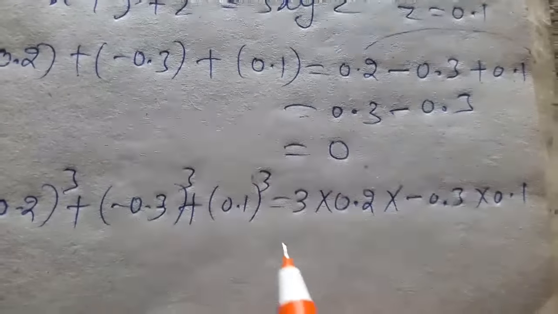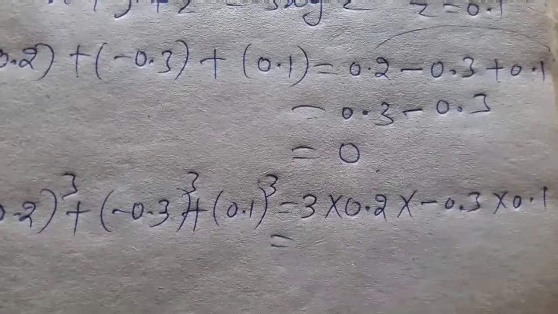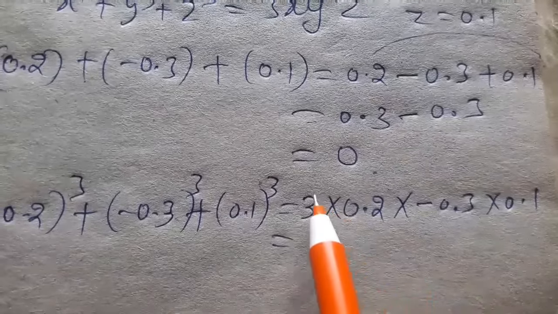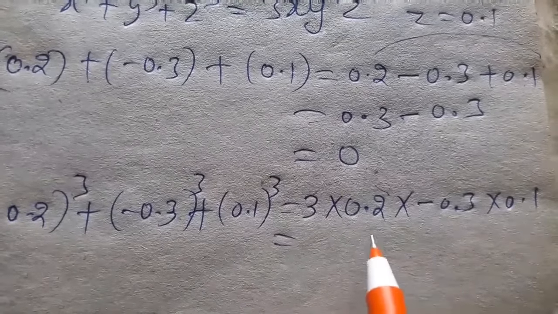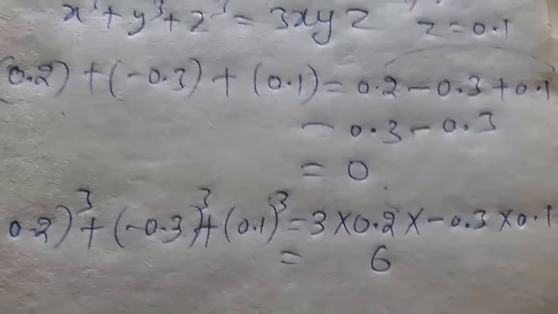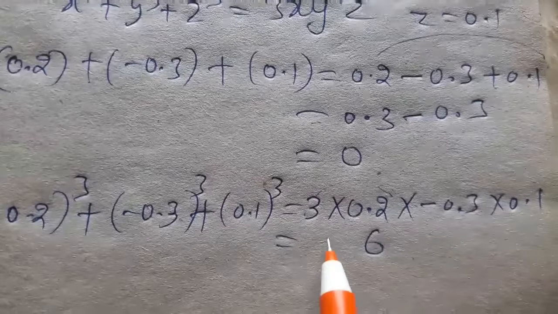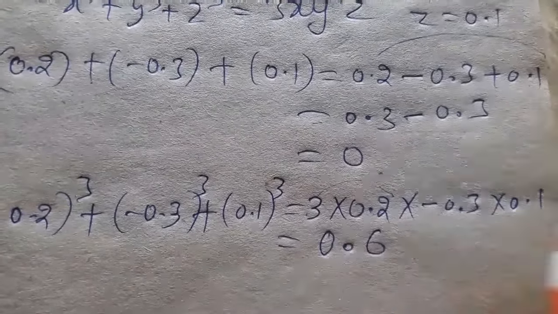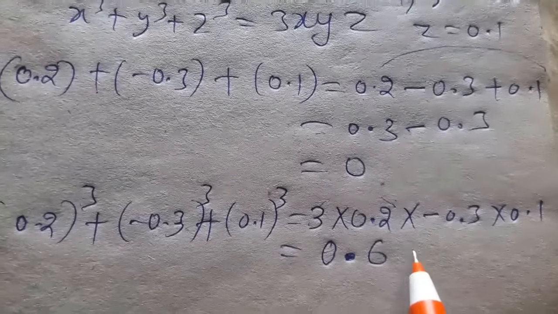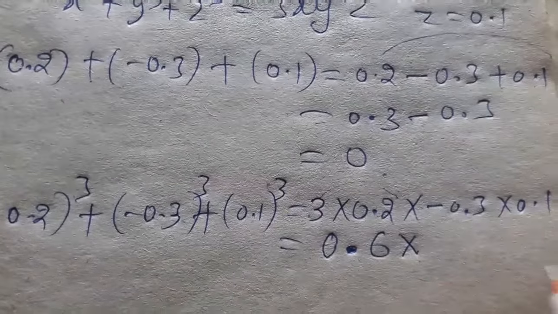Now see here, multiply these two first. Forget about the decimal. So 3 twos are how much? 6. So after the decimal, exactly one digit in these two multiplications, so 0.6 is the answer of the multiplication of these two. Now into plus into minus became minus, isn't it?